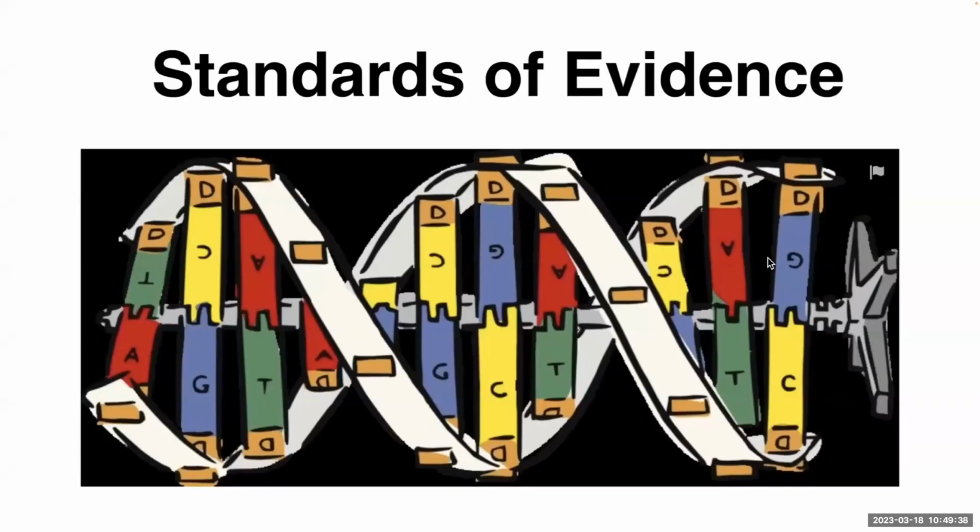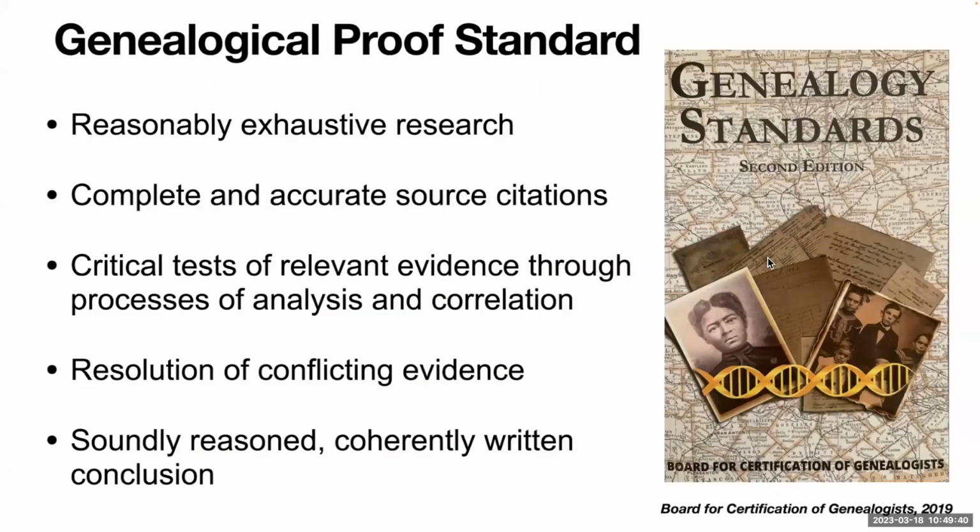And in terms of the standards of evidence, we have the Genealogical Proof Standard, which has been around for a long time. And it's got those 5 points there that anyone who's been involved in traditional research will be well aware of in terms of doing their own genealogy.